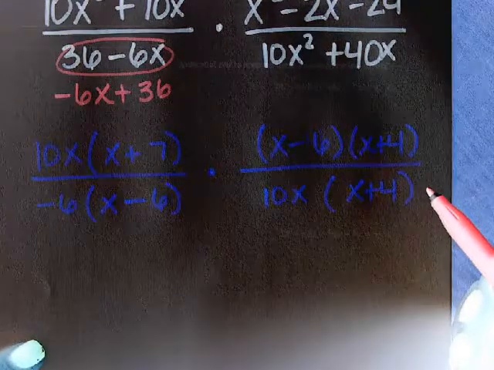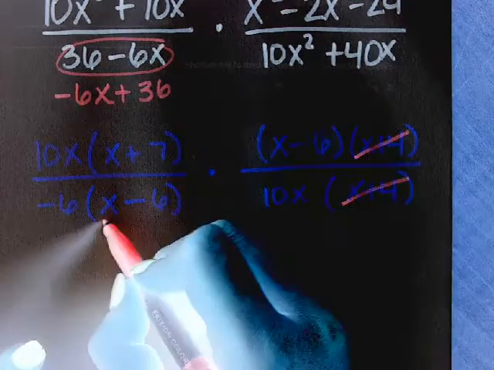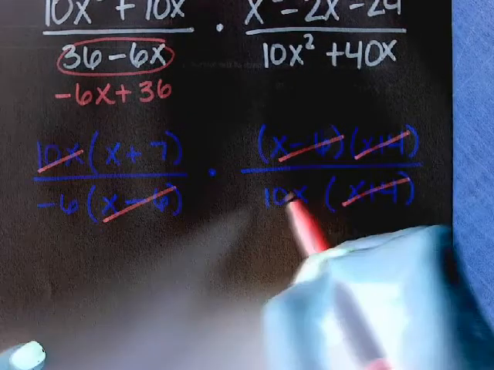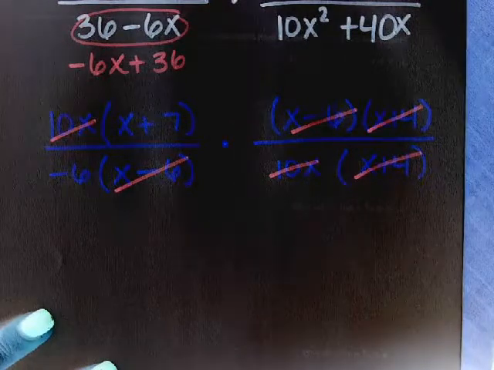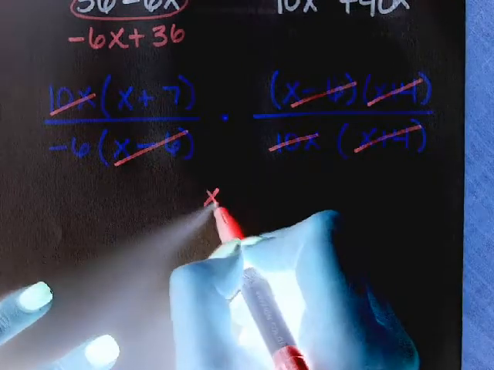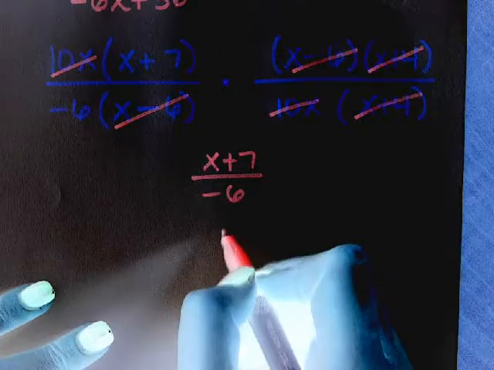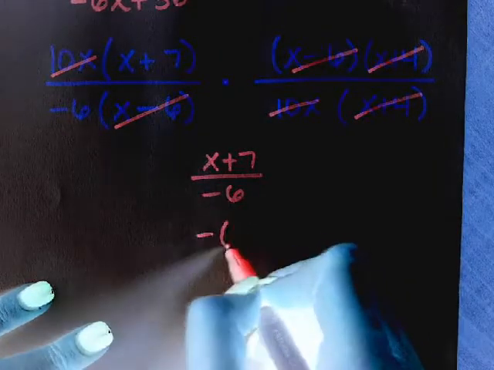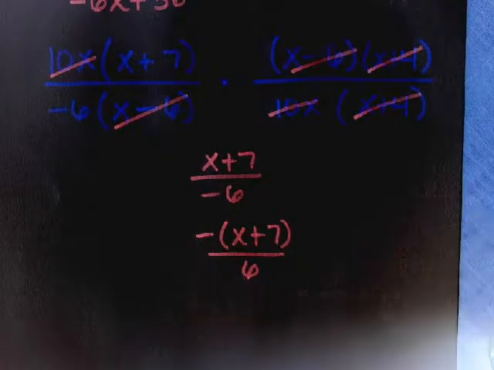So, what cancels? Okay. So, our final answer is x plus 7 divided by negative 6. Okay, but most mathematicians would probably move the negative to the top because that's just how they like it.